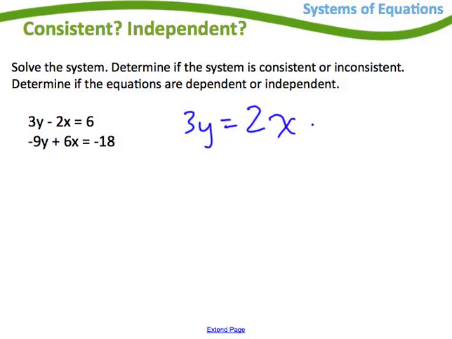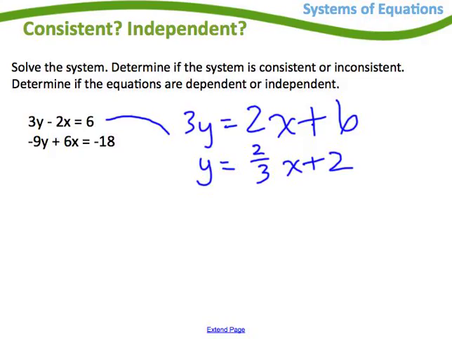So I have 3y is equal to positive 2x plus 6. We'll divide everything by 3, so I'll get y equals 2/3 x plus 2. So that's the first equation. So the slope is here, the y-intercept is here.